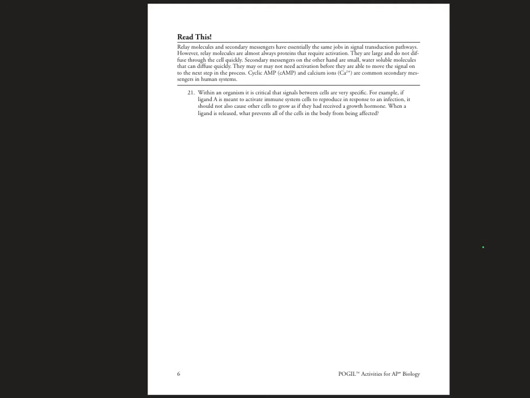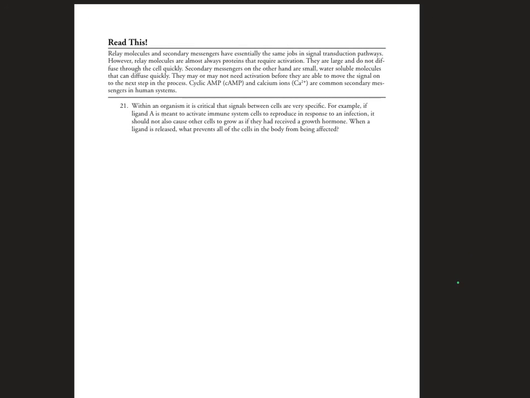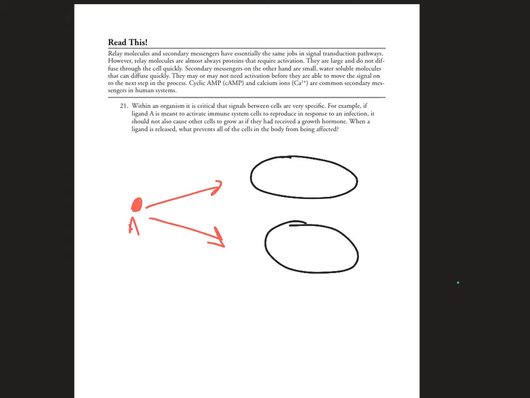All right, so here's what it's saying. Let's say we have ligand A. Okay, this is ligand A. And so we've got two cells. We've got cell A and cell B. And ligand A triggers a response in A, but it doesn't fit in B. So there's no response there.